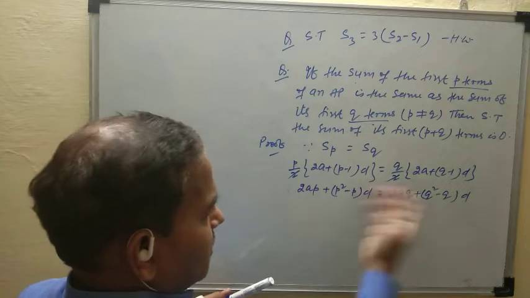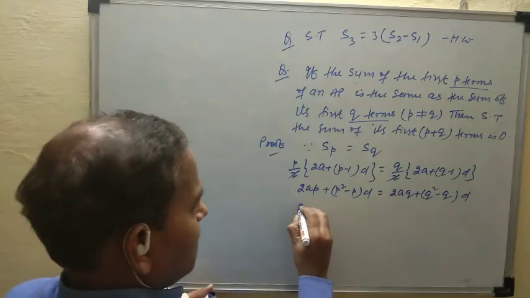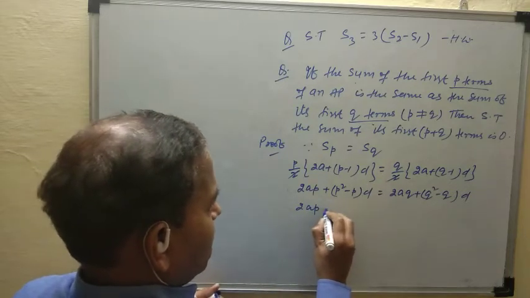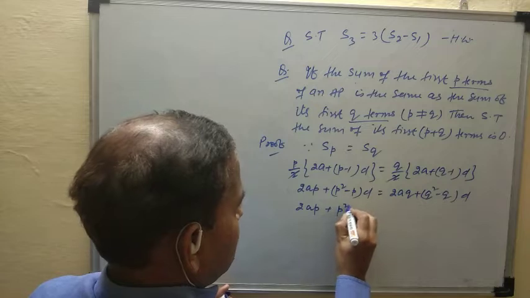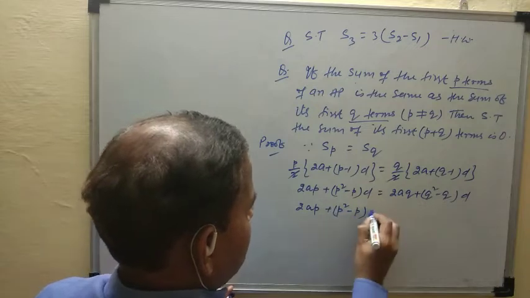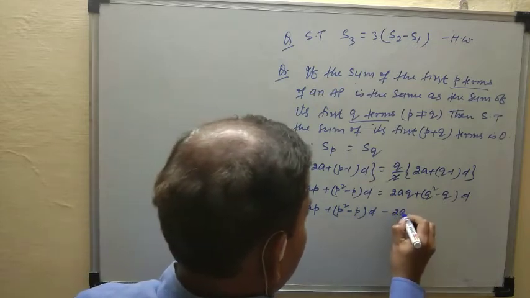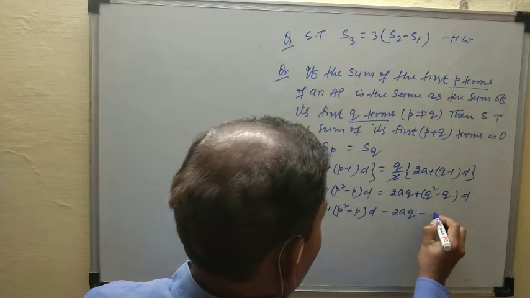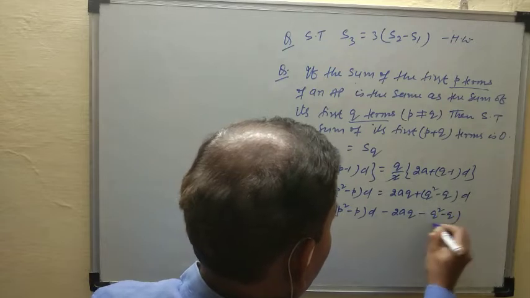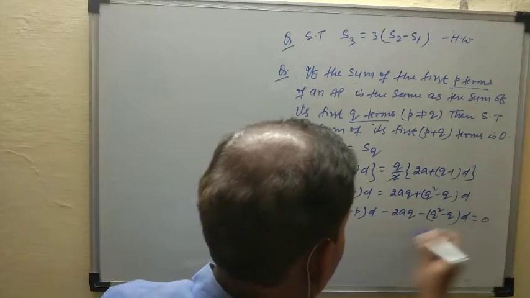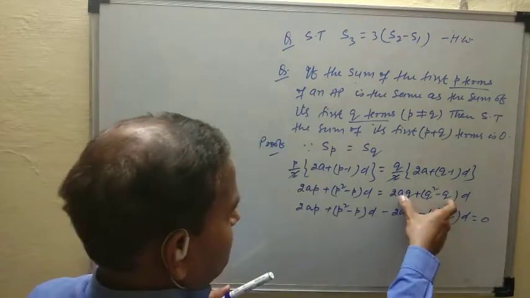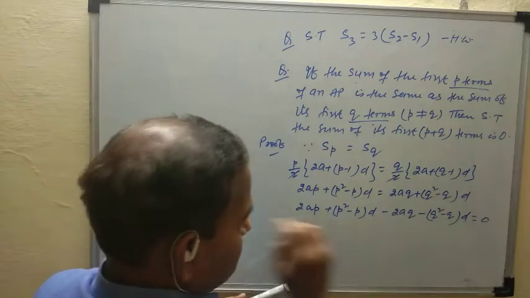Taking all terms to the left side: 2ap plus p square minus p into d minus 2aq minus q square minus q into d is equal to 0. The signs change for the terms taken to the left side.